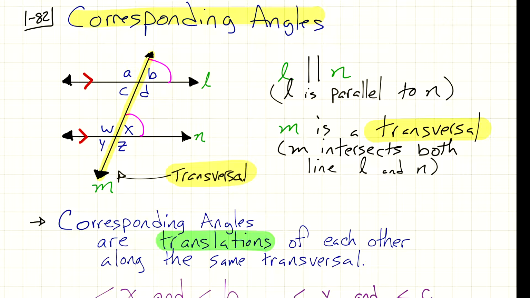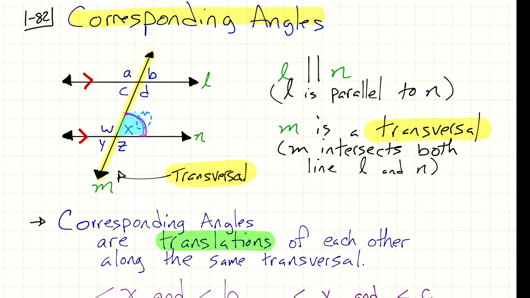So if I take this angle B and translate it, I'm sliding it along the transversal, not anywhere else, just along this line.